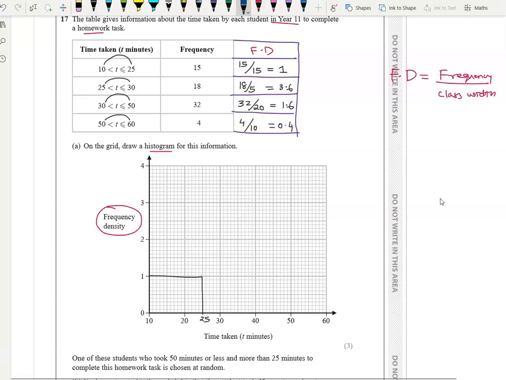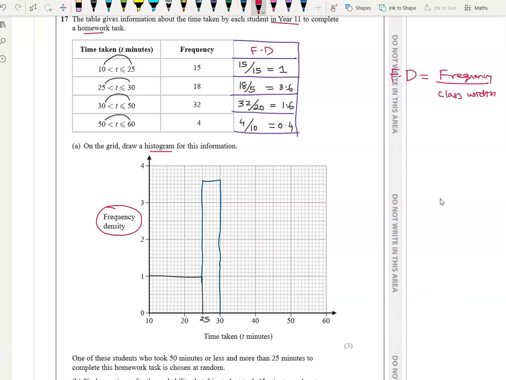Okay, the second one is from 25 to 30, and the frequency density is 3.6. So this 3.6 is still here. Okay, next one, from 30 to 50, it is 1.6.